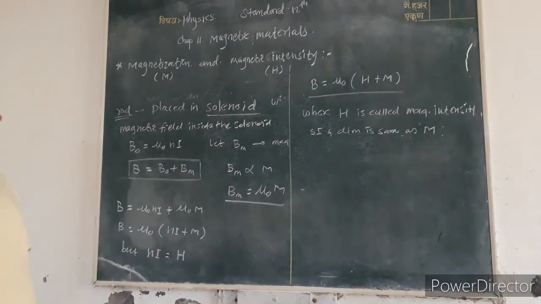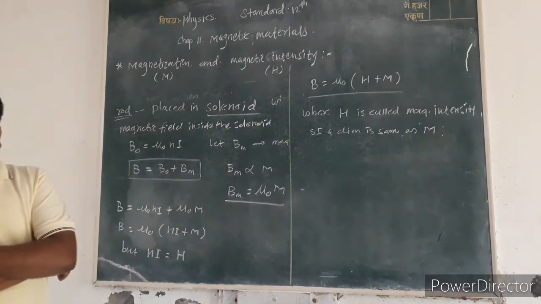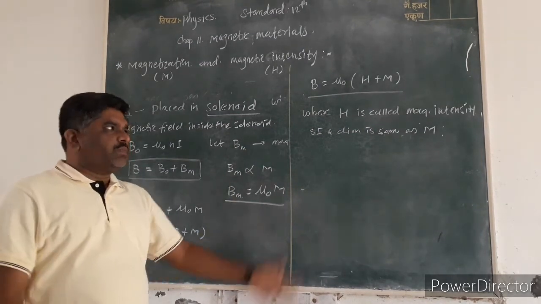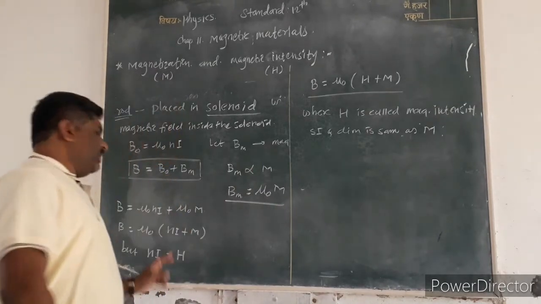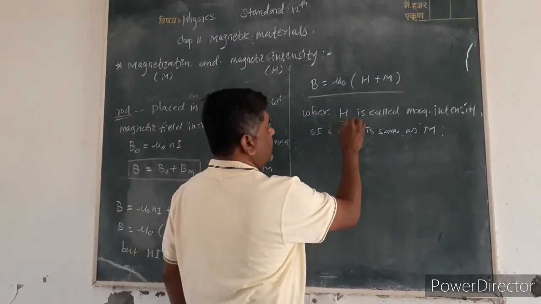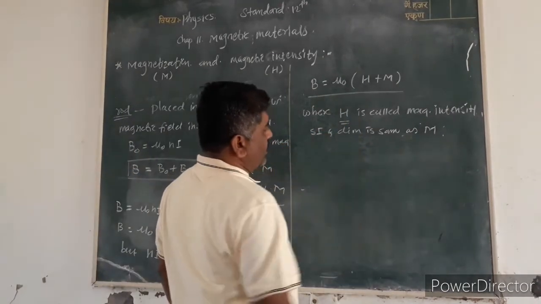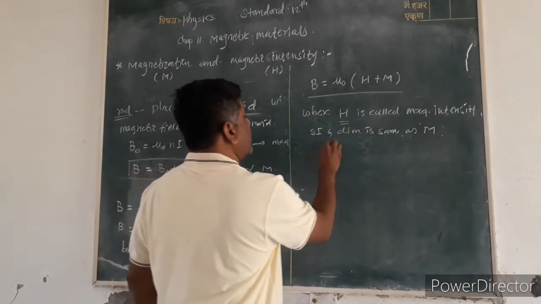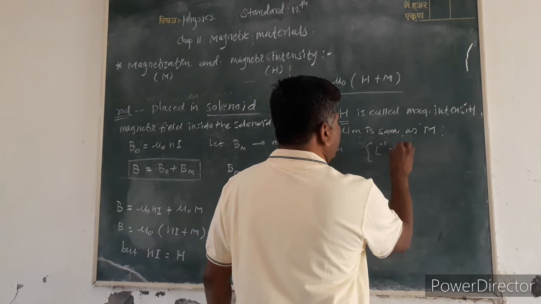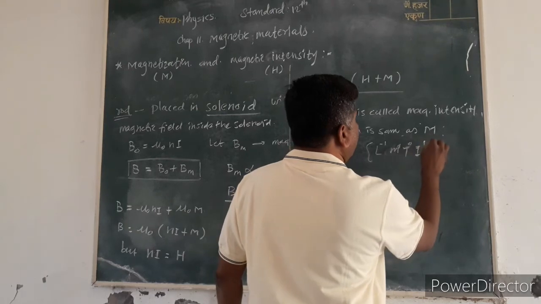The definition of magnetic intensity is very simple. The strength of magnetic field at a point can be given in terms of a vector quantity, and that vector quantity is called magnetic intensity, given as H. The SI unit is ampere per meter and the dimension is L raised to minus 1, M0, T0, I raised to 1.